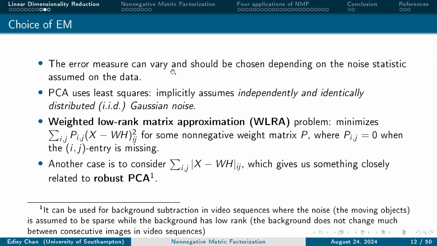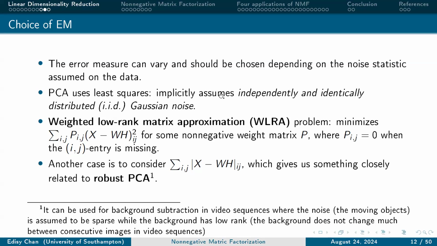If we choose the least squares, which is the Frobenius norm, that means we assume the noise is basically IID Gaussian noise, independent and identically distributed.